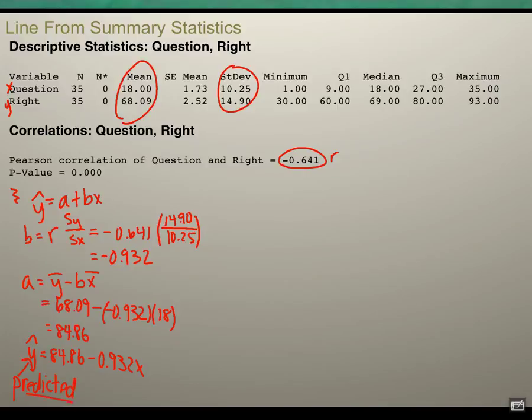Other things you need to know: minimum, Q1, median, Q3, maximum. That's for both data sets. Do you guys know what the standard error is? It's S over root n. So you guys have that on a quiz. Here are your two sample sizes. Are they always going to be the same sample size?